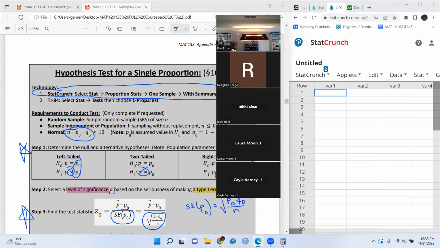And N goes in number of successes. X is successes and N is observations. Okay, that's why it was looking wrong to me. So X is success.